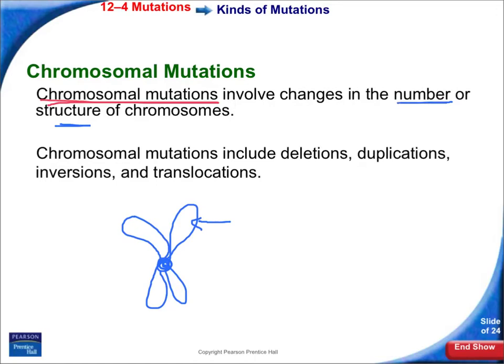Or we can change the number of chromosomes an organism has: they could have an extra one, or they could be missing a whole chromosome. So we will see things in chromosomal mutations like deletions, duplications, something we call inversions, and then there are also translocations.